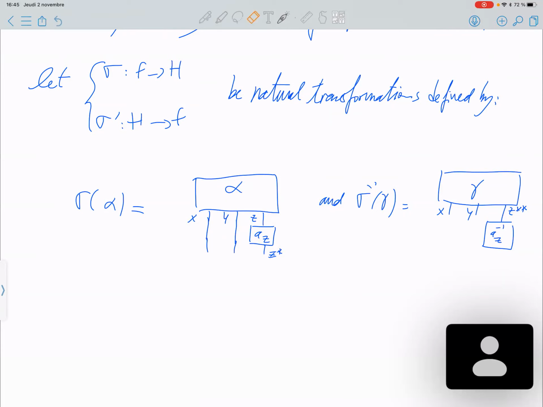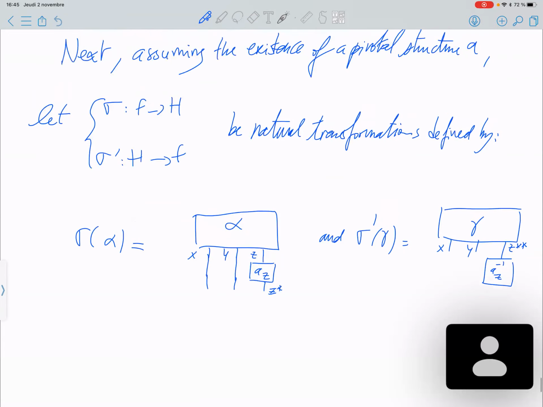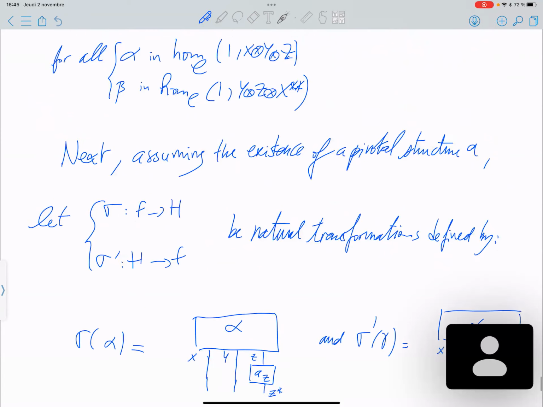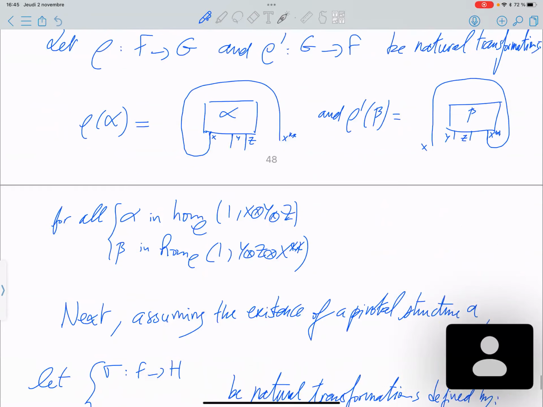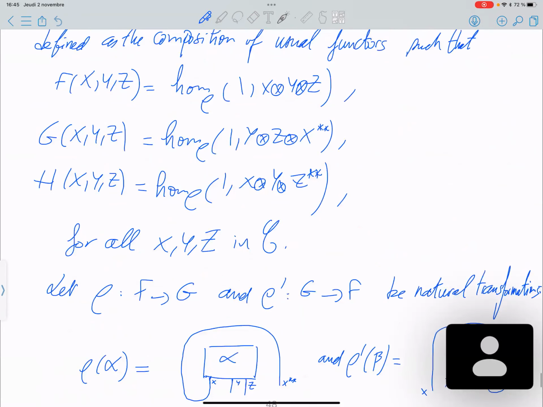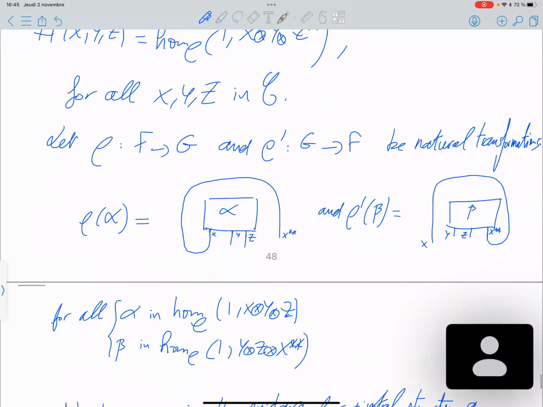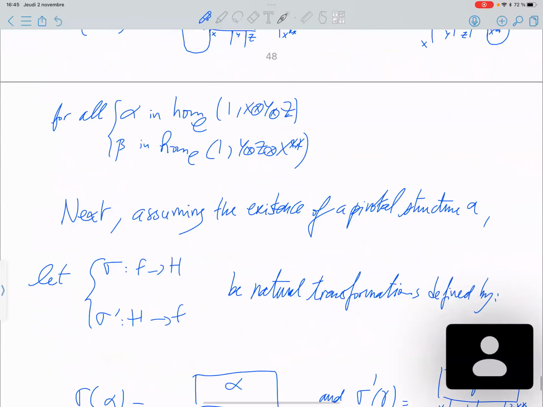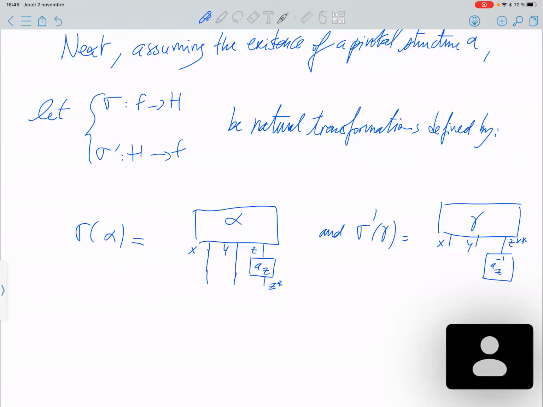So, prime. This is prime. Okay, so we define this. And in fact, we will use this natural transformation everywhere in the rest of the course, so that will be very used.